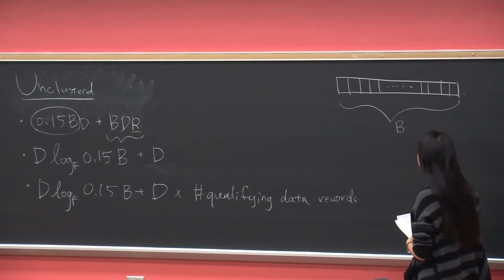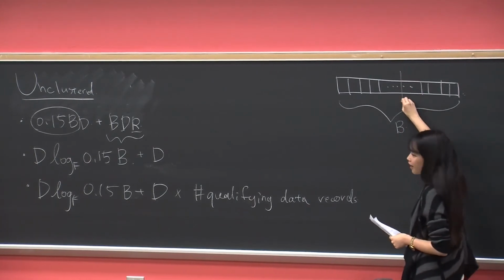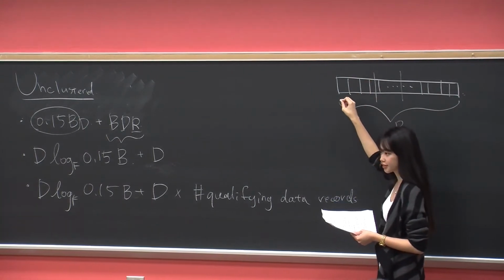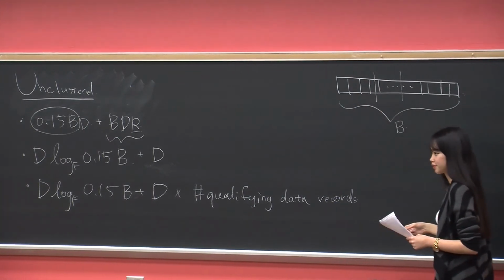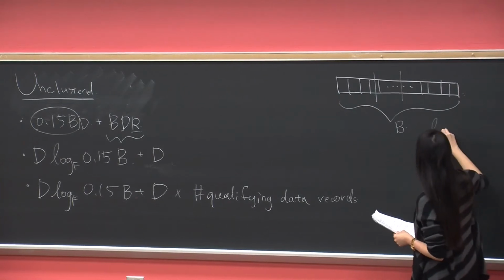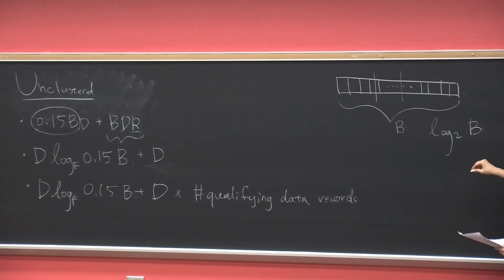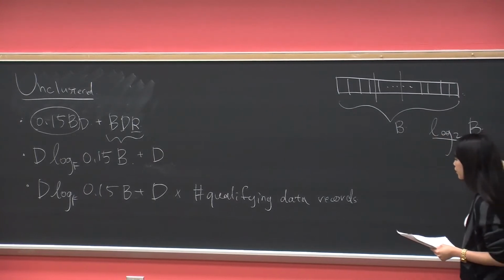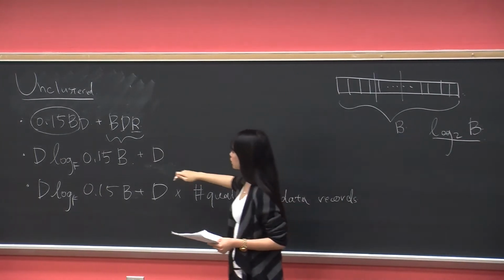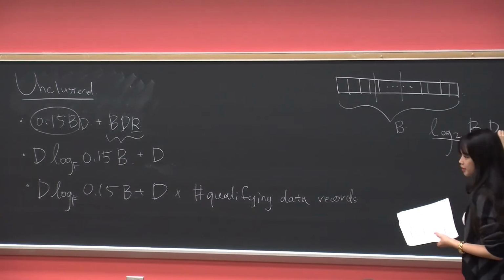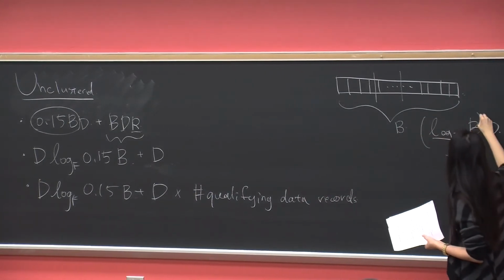How does binary search work? Every time you cut things in half and you decide which half to go to, you keep cutting in half. So what's the cost? The cost for searching in a sorted file is log base 2 of D, right?